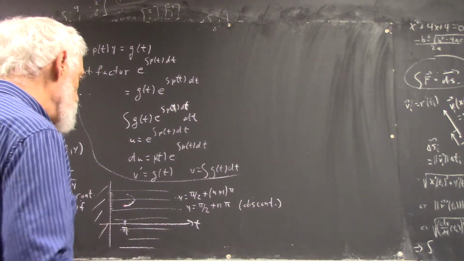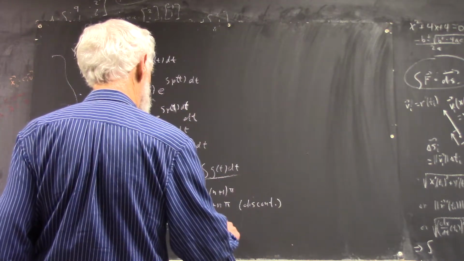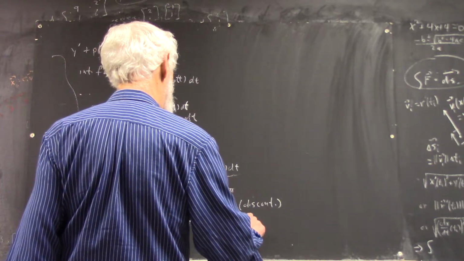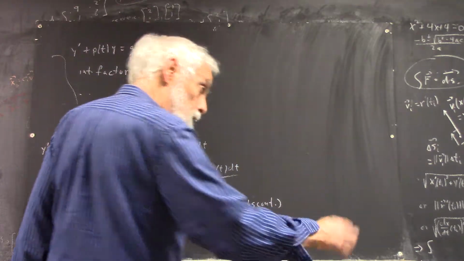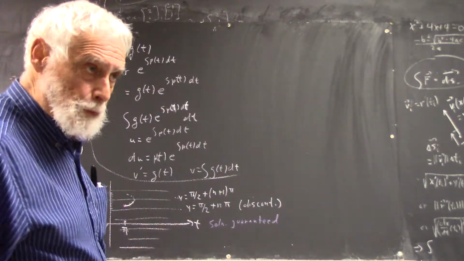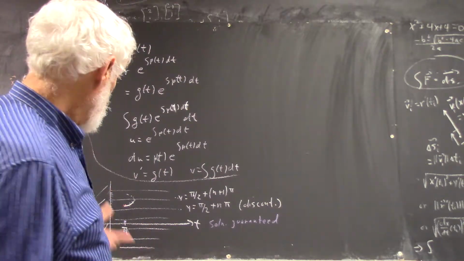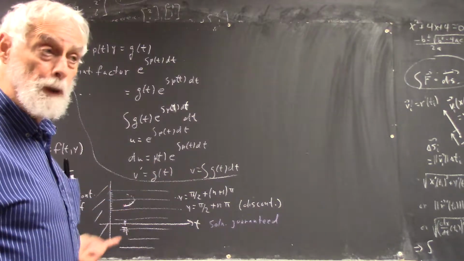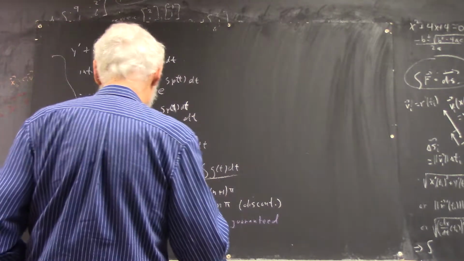It just says that your solution is guaranteed. That's what the theorem says. You should read your book and read the theorem, even read the proof of the theorem. Not that hard to understand. It's just saying basically the same thing that you understand if you understand how to do a numerical solution. Okay? Your solution is guaranteed.